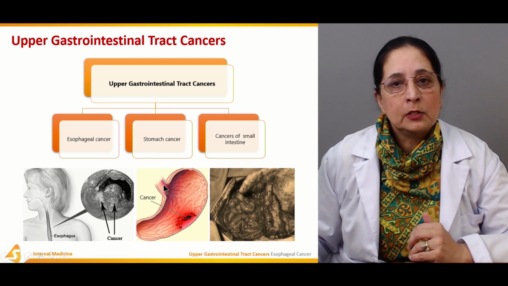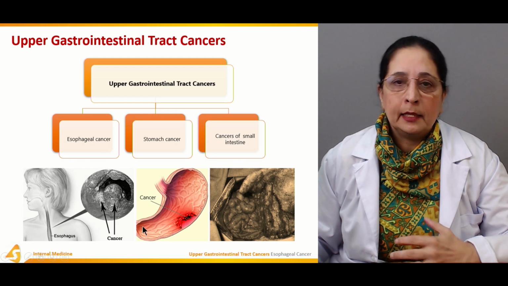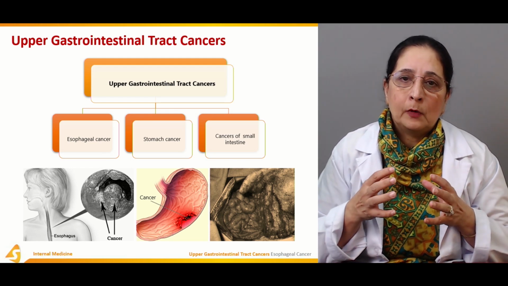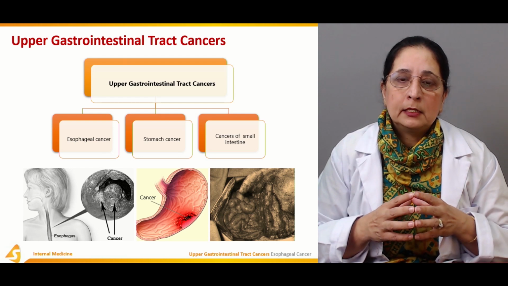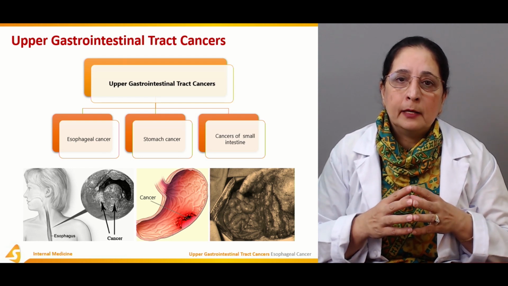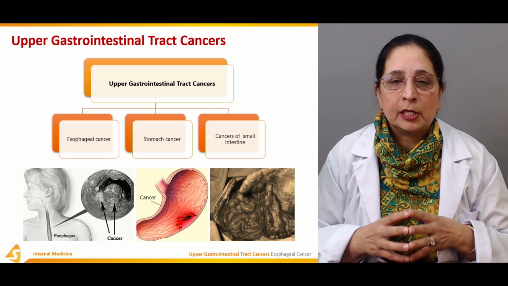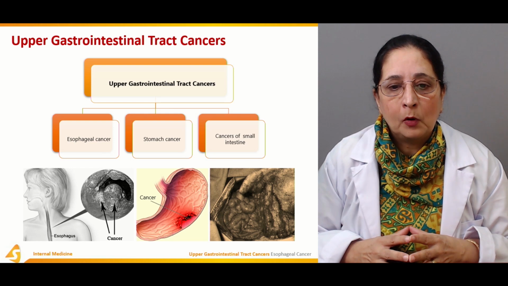So the esophagus opens into the stomach, and where the stomach ends, there is the small intestine, which has three parts mainly: duodenum, jejunum, and ileum. These are the three parts of the small intestine.